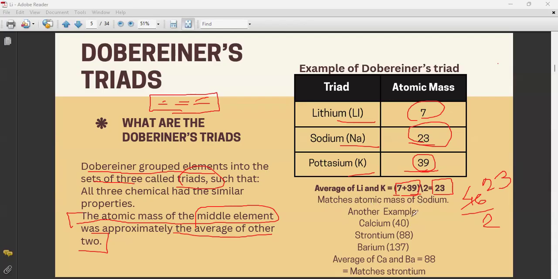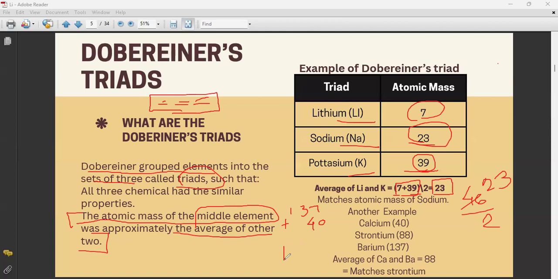Now another example: calcium, strontium, and barium. Calcium has an atomic mass of 40, and barium is 137. When I get the sum of these numbers, I get 177.